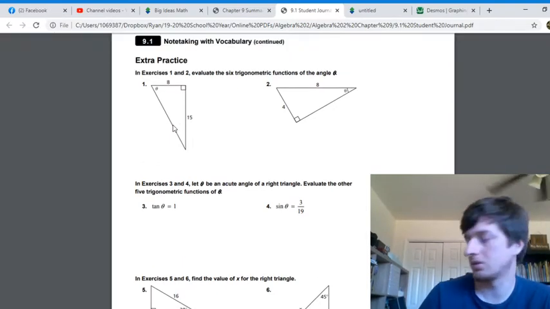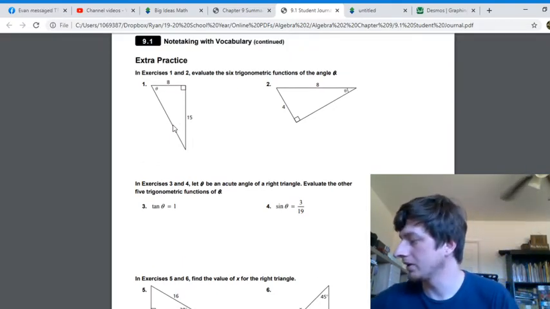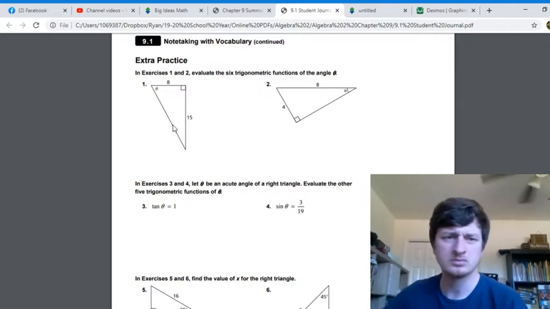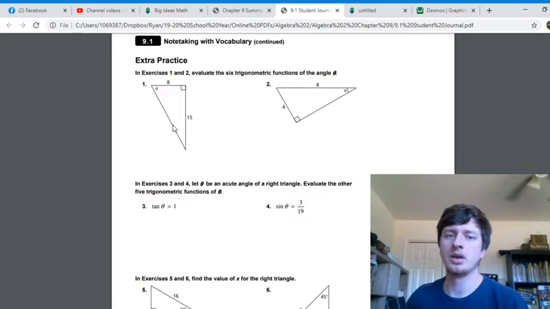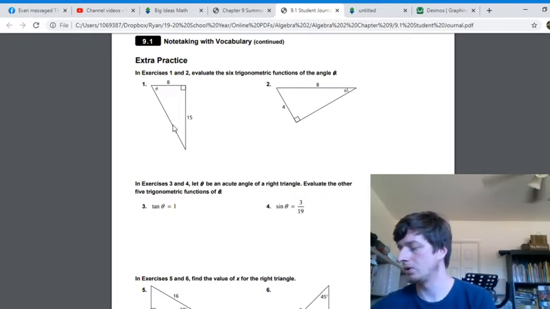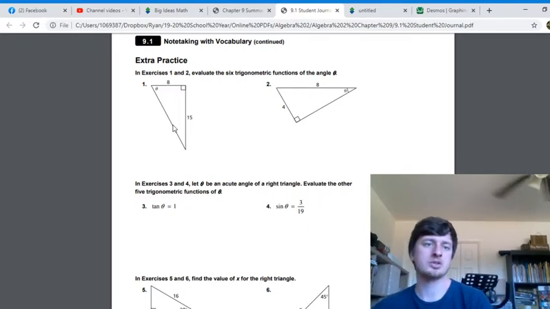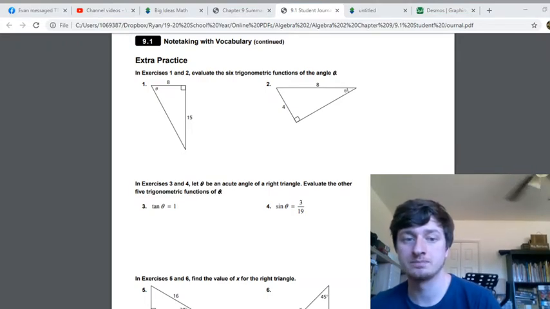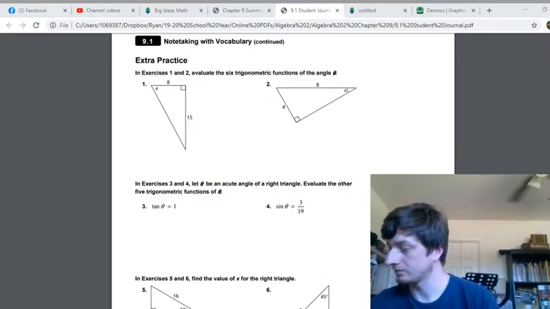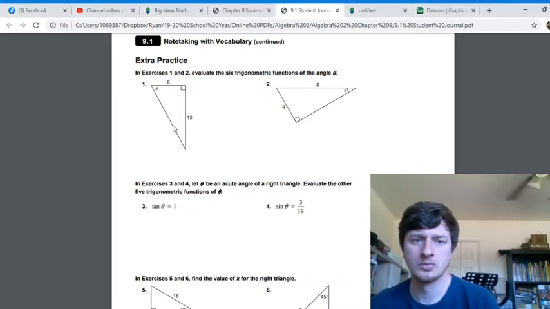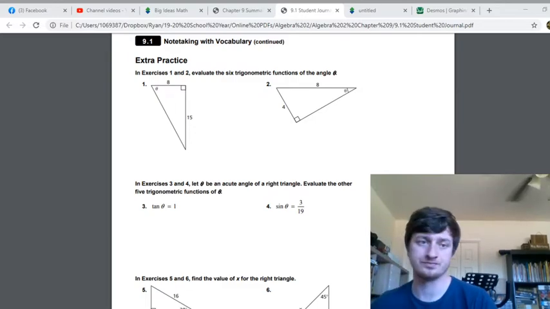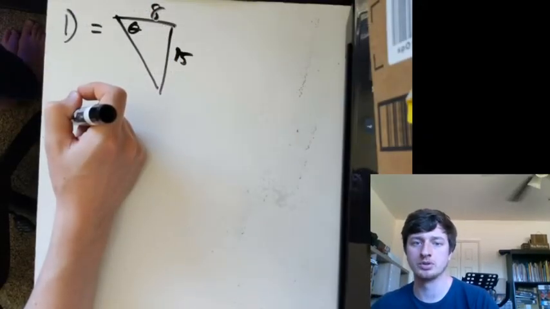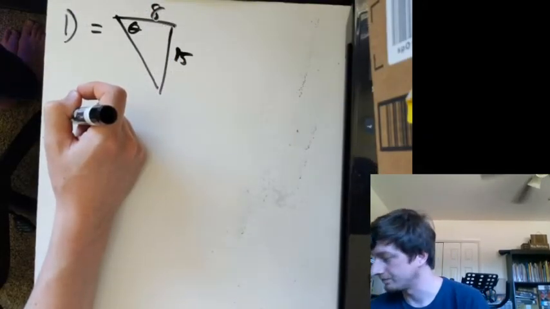Okay, so it says evaluate the 6 trig functions for angle theta. We're not finding theta. All we need to do is evaluate the functions, which means, here's my really poorly drawn right triangle.